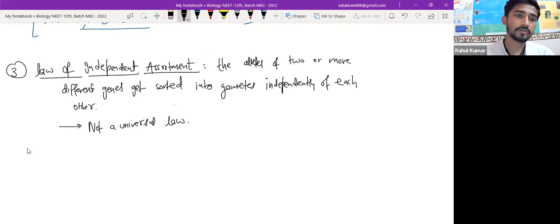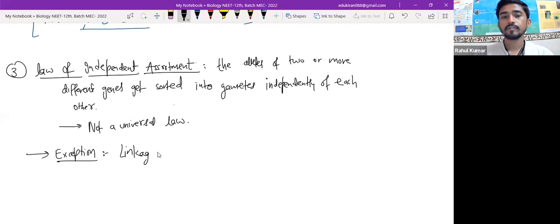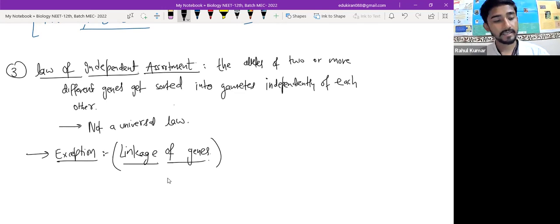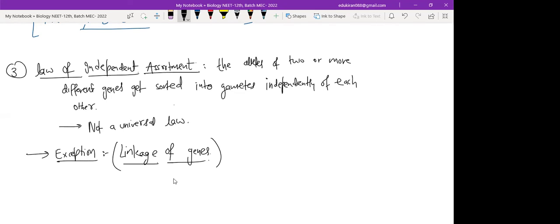But it has exceptions. Write down. Law of independent assortment has exceptions in the form of linkage of genes. Is it clear, everyone? Yes, sir.